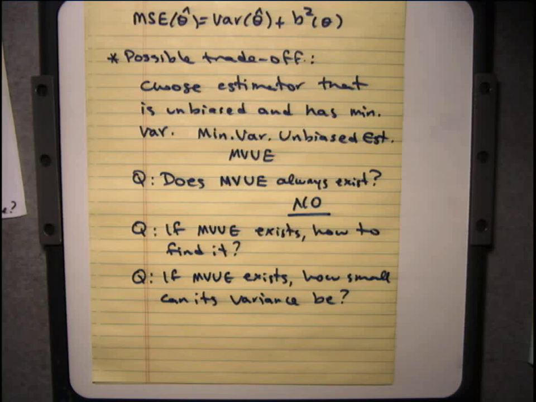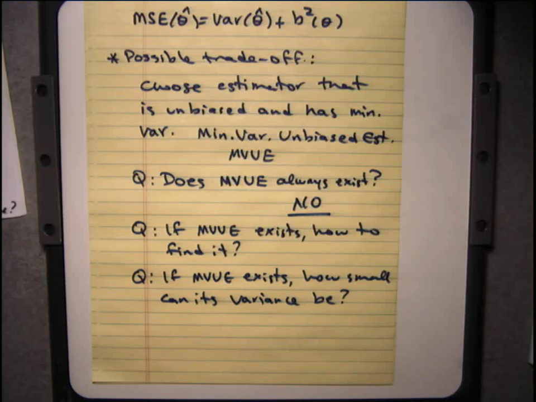Is it fair to say that the one you found with the smaller variance is the best possible? Maybe tomorrow somebody will come up with yet another estimator that has zero bias and even smaller variance. Just intuitively, you probably will not find an estimator with zero variance. If the bias is zero and the variance is zero, you've perfectly estimated the parameter, and that's not going to happen. So there is going to be a floor below which this variance is not going to go.